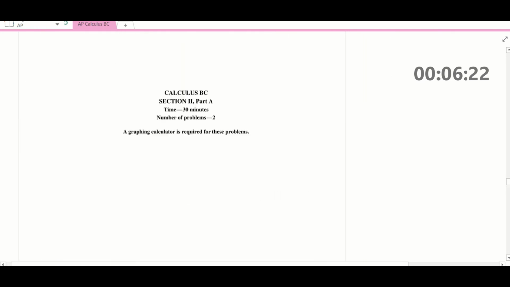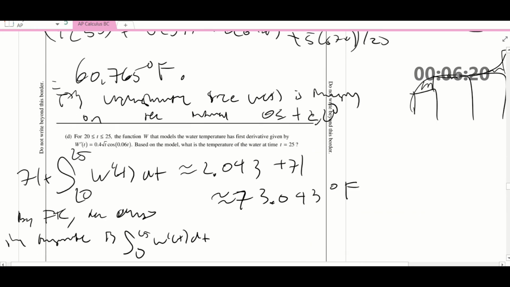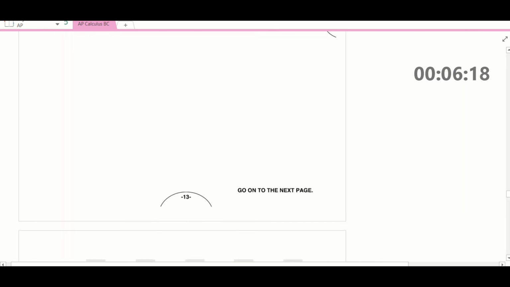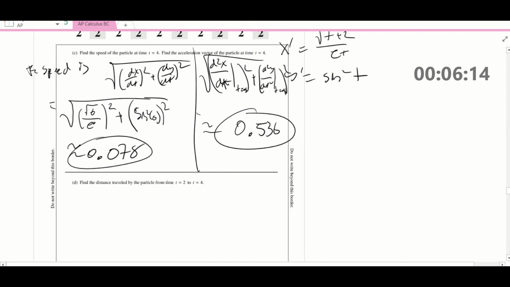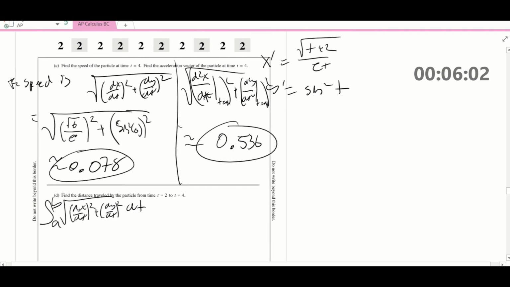My page keeps moving around, I'm sorry. Recall that the arc length is calculated as the integral from a to b of the square root of dx over dt squared plus dy over dt squared dt.